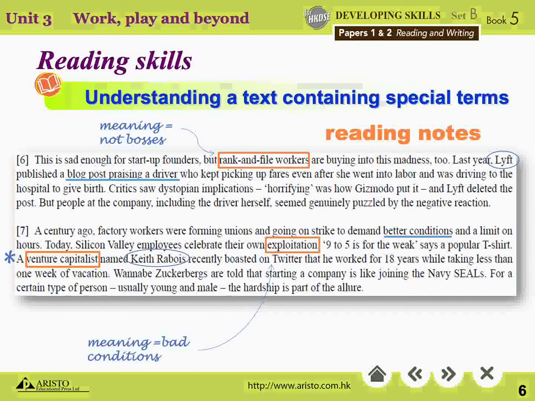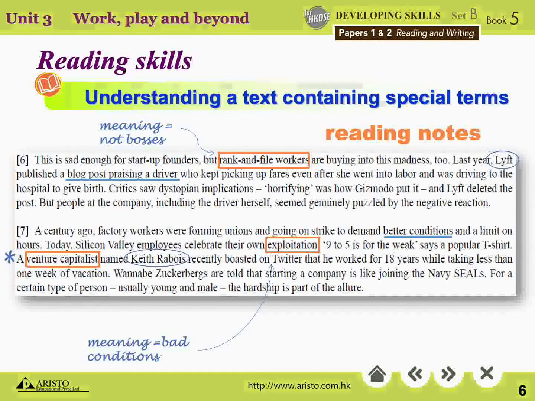The unfamiliar term venture capitalist has an asterisk next to it because we are unsure about what it means. Let's say that we are also unsure what rank-and-file workers means. If we have underlined the key points of this paragraph, then we would know from the contextual clues that have been underlined that rank-and-file workers refers to ordinary workers, such as the pregnant driver.